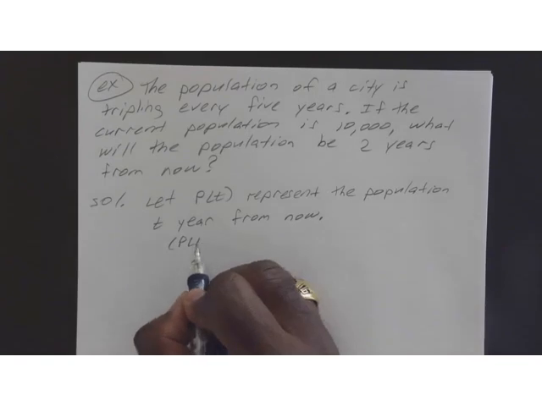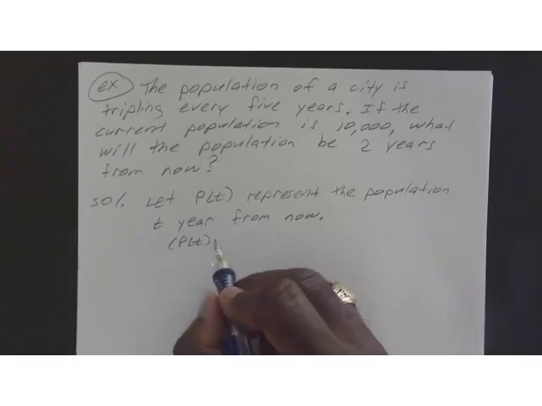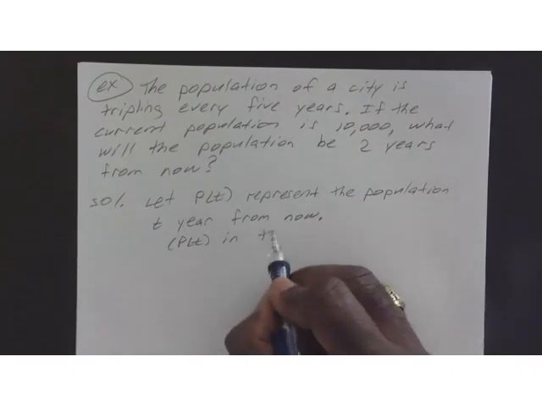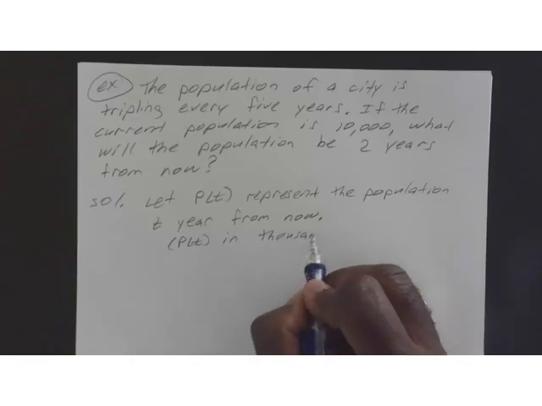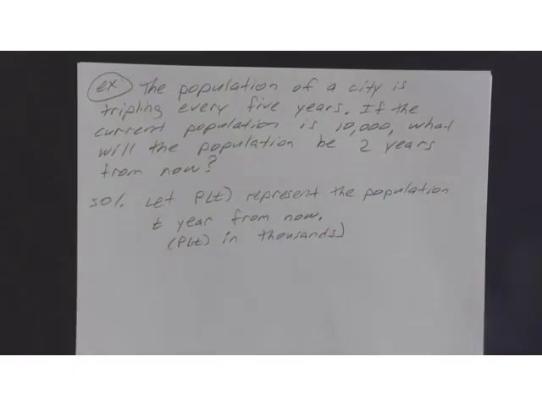Okay. So instead of writing 10,000, 20,000, 30,000, we'll just say P of t in thousands, where instead of 10,000, we just write 10, and we'll know that represents 10,000.